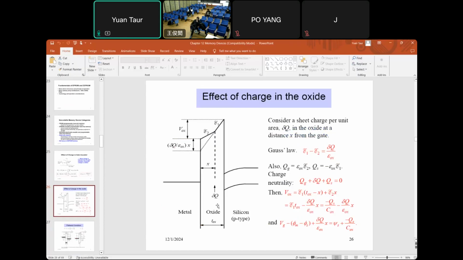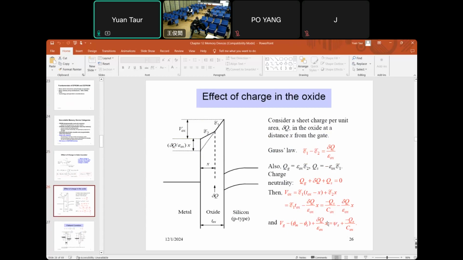We consider there's a small delta Q charge at a fixed thickness in the oxide here, indicated by this dashed line. Then we can analyze the gate voltage and derive this expression here.